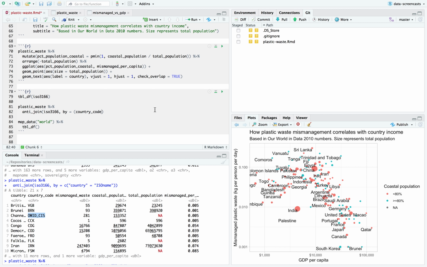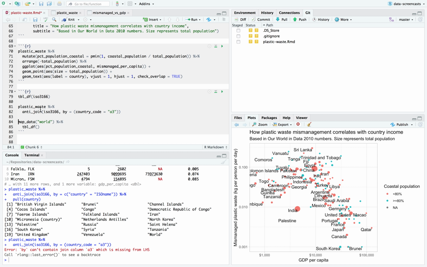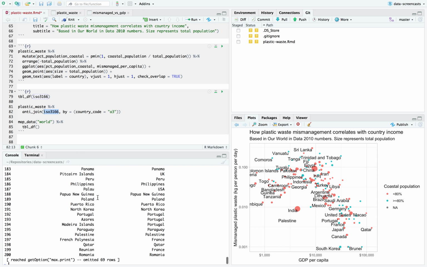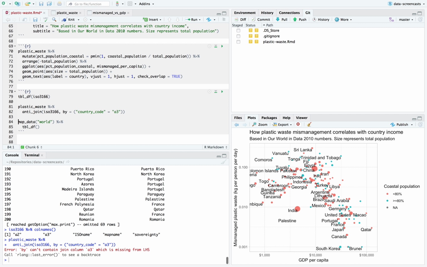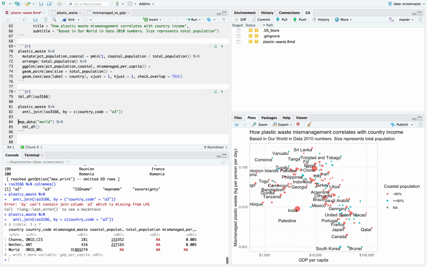Ooh, that's a lot of letters. I'm going to say country code equals A3, which we saw matched the other one. Oops, did it? Capital A. No, A3. I seem to be missing a C here. There it is. All right, and good. This gets almost all of them. So we're going to stick to this one, and we have joined.